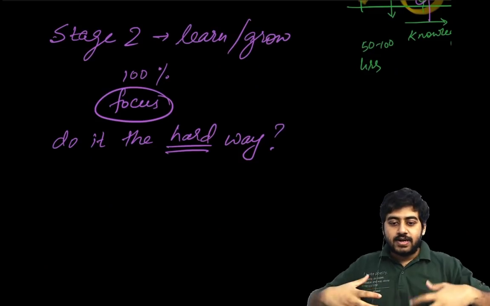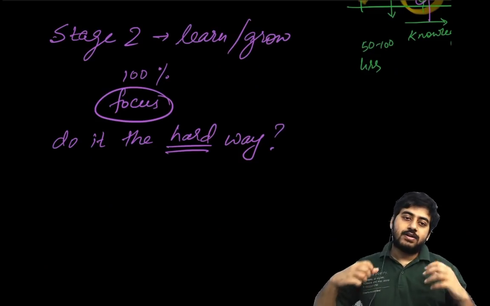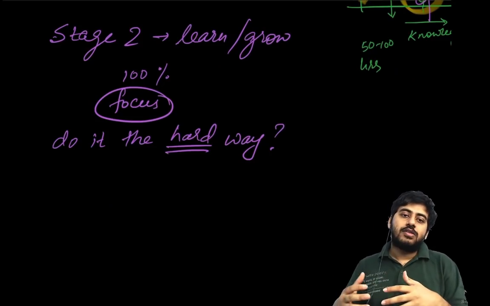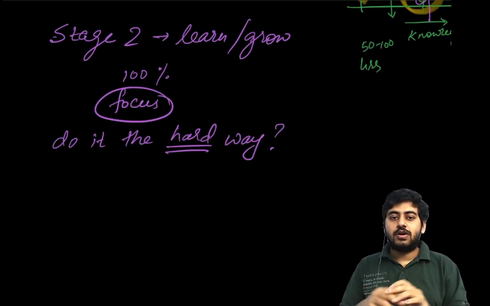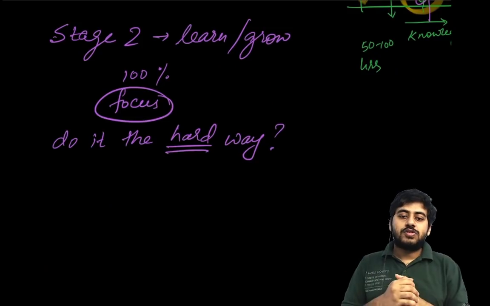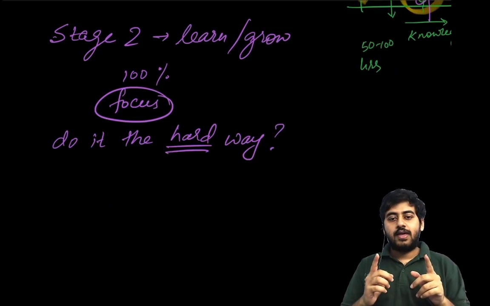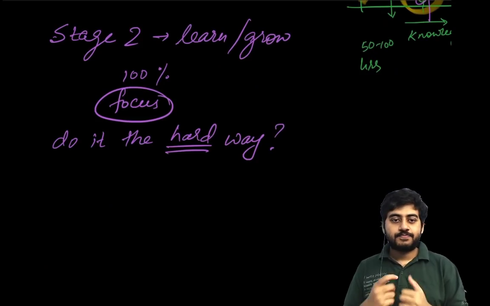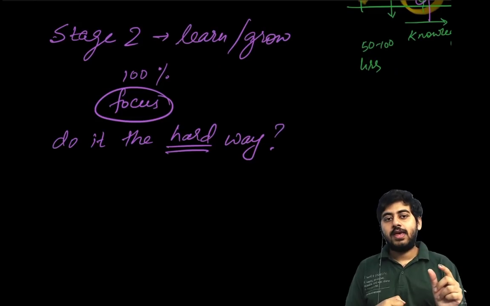You would automatically find that drive from within yourself, that passion and energy to do this. So that's what you need to do: do it the hard way. That's stage two.